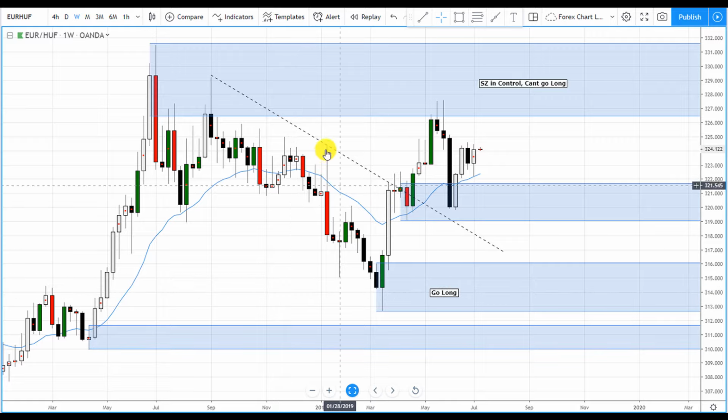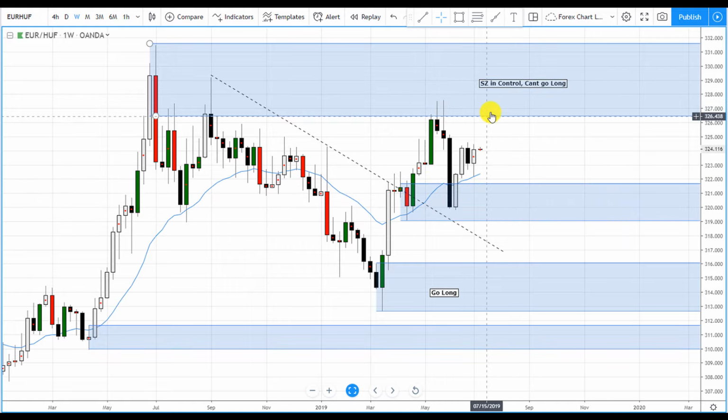This weekly demand zone is holding price up, but I didn't want to take this long because this supply zone is in control. I was expecting price to penetrate this, but this zone is holding pretty well.